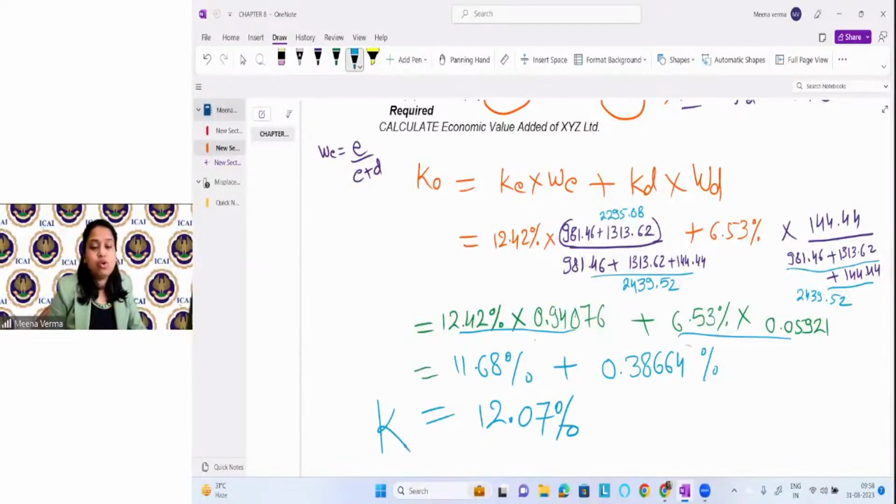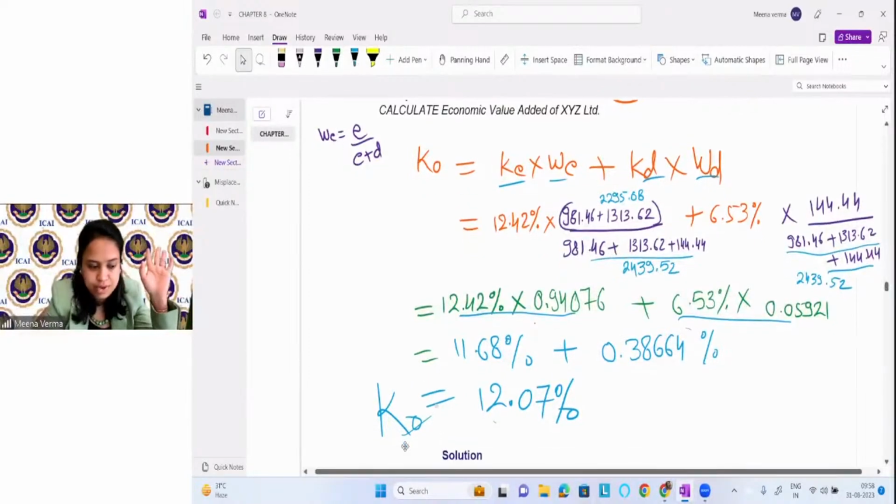This is the overall cost of capital, the capital of both debt and equity, we consider both, right? Cost of debt, cost of equity, we have considered. Weight of debt, weight of equity, we have considered. And we have calculated the overall cost of capital. You must have studied this in your financial management, in your SFM, right?